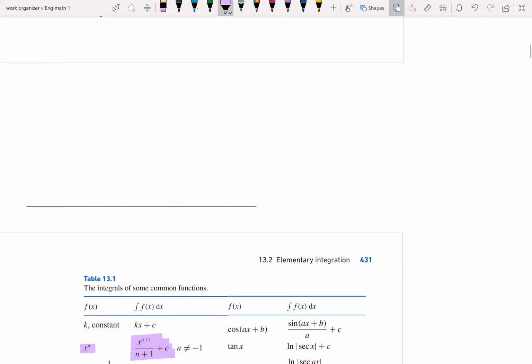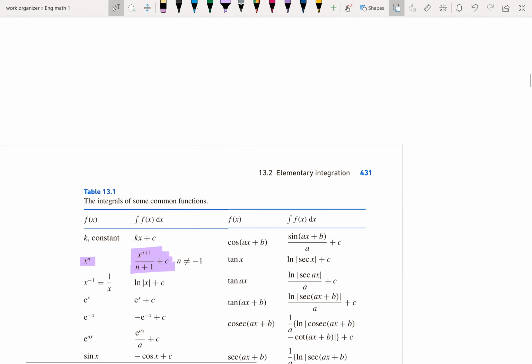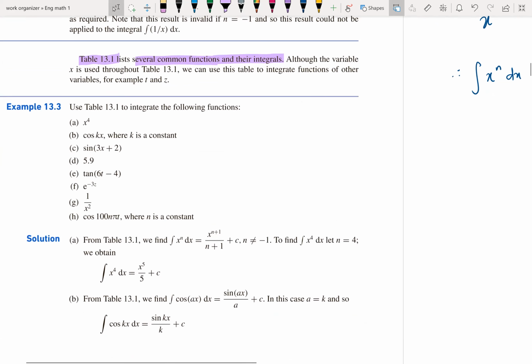Okay, then for question A, x⁴, we have to use this formula given in the table, which we have already proven. So xⁿ, it will be x⁴, so n is 4.